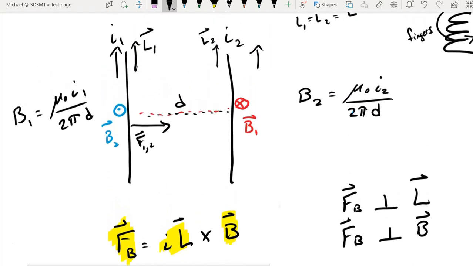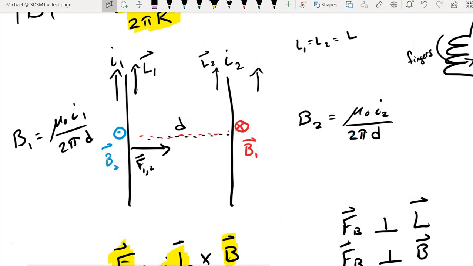So we come back up to our picture and we use the same cross product approach. We have L2 pointing up. So take your index finger and point up. But now the field is pointing into the page. So take your middle finger and orient that so that it's pointing into the page or into the screen.